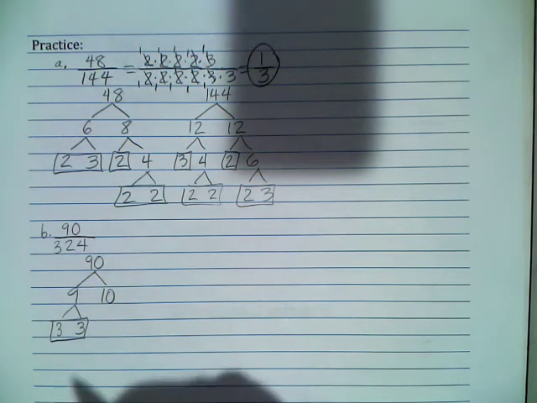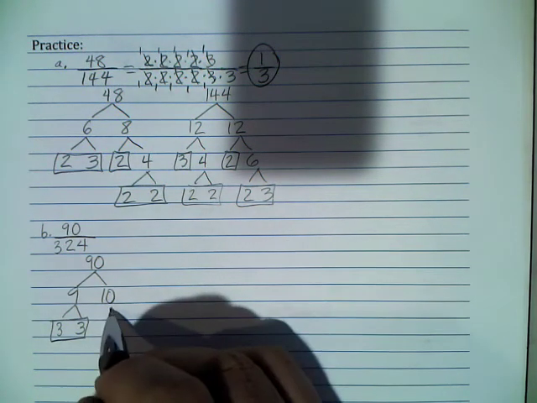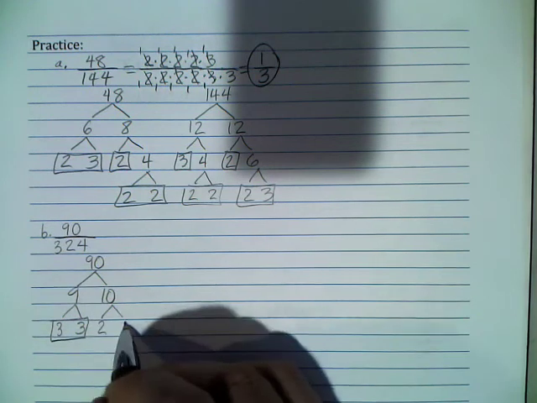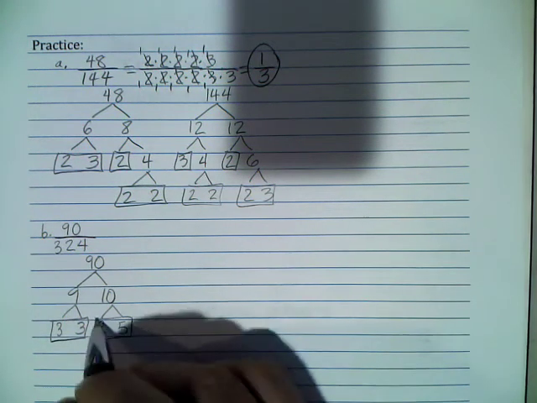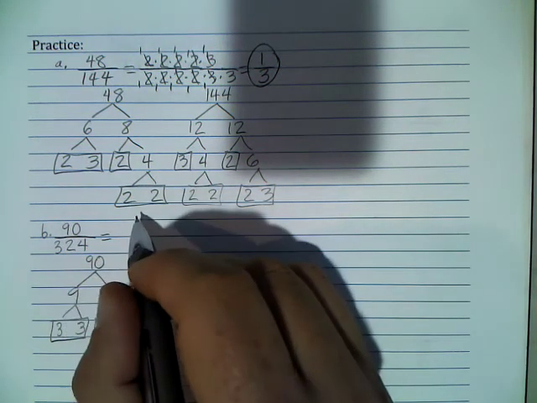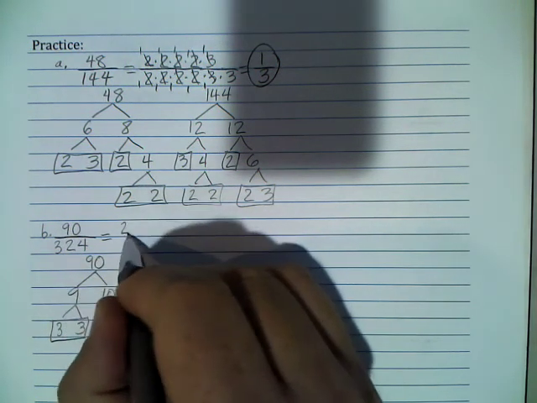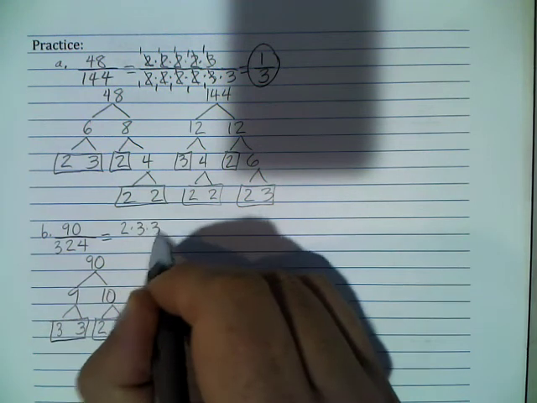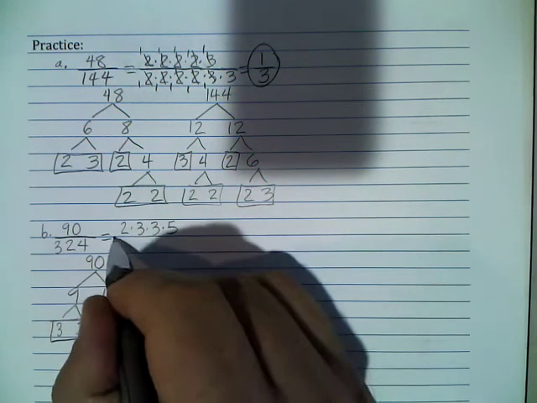And then finally, 2 and 5 for 10. So put these in order for 90. For 90, we have 2 times 3 times 3 times 5.